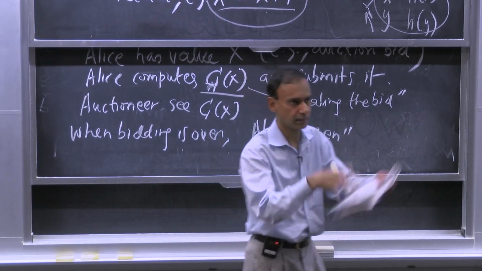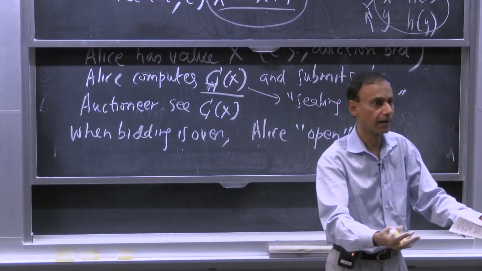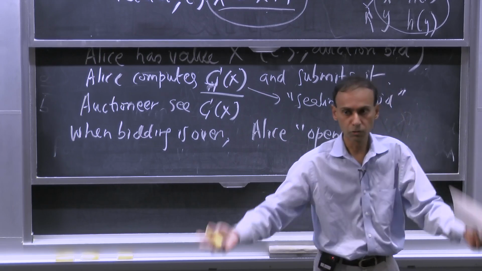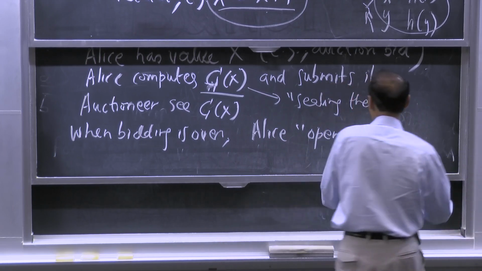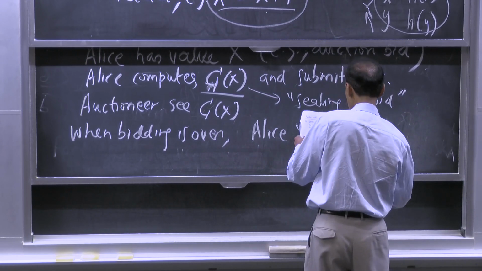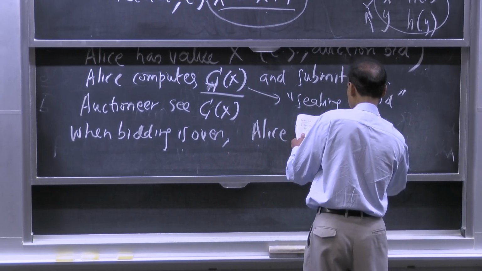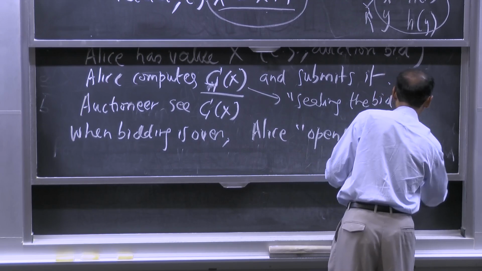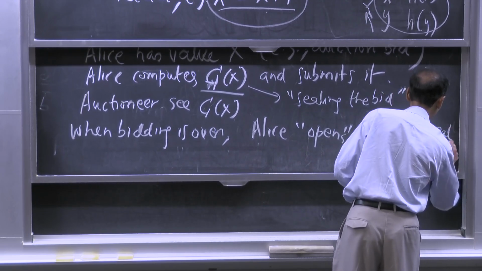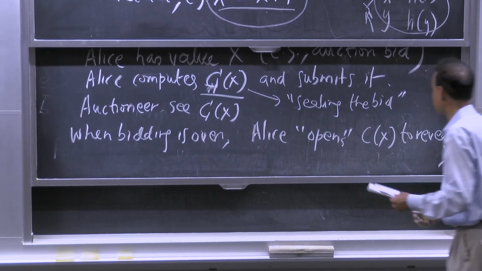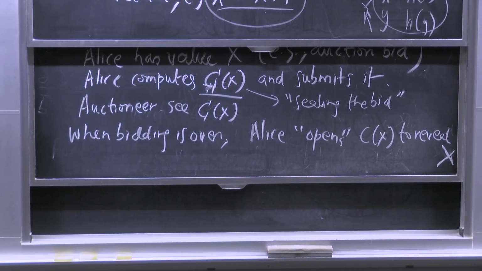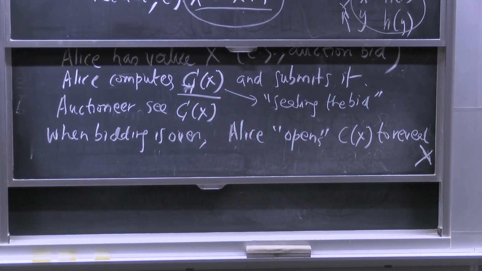You're committed to that. That's obviously what happens in real life without cryptography. But we want to do this with cryptography, with hash functions. And so now Alice opens C of X to reveal X. So she has to prove that, in fact, X was her bid, and it matches what she sealed.